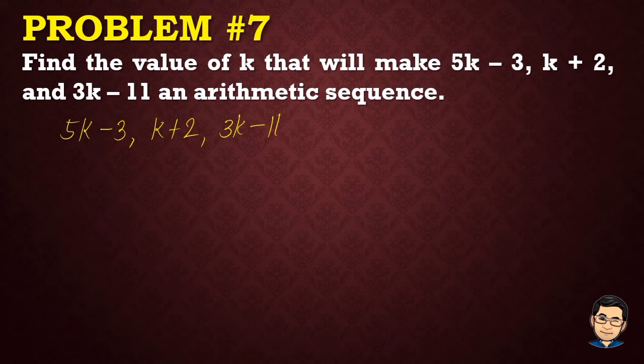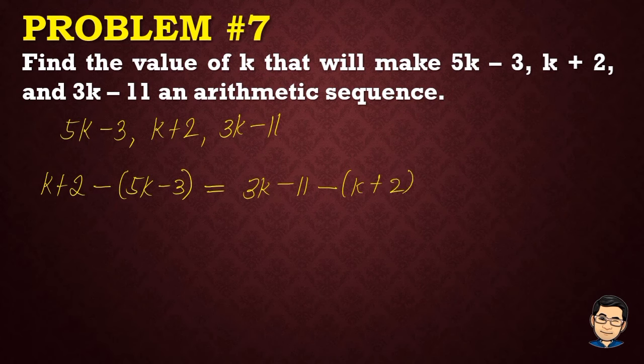So, ang gagawin natin para makuha yung value ng k, magiging k plus 2 minus 5k minus 3. And then, equal siya sa difference ng 3k minus 11 minus the quantity k plus 2.